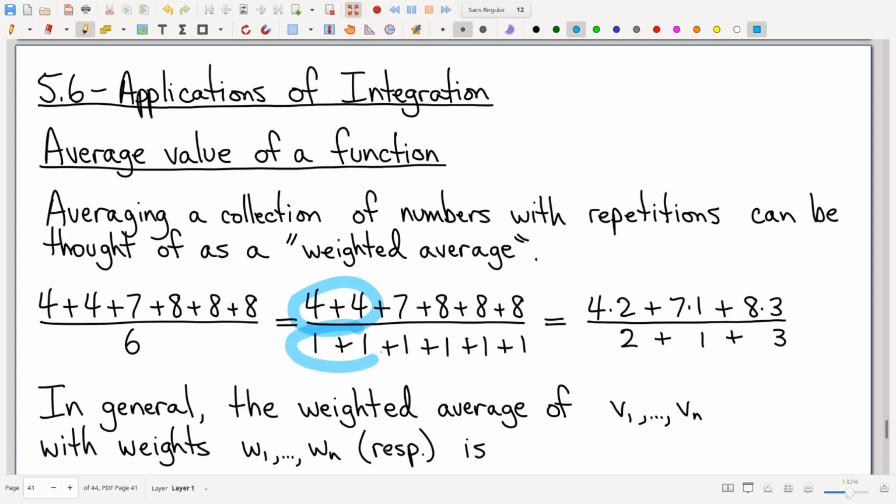It also contributes 2 to the denominator. Likewise, this 8 contributes 3 times in the numerator and it contributes a 3 in the denominator, which you can kind of summarize like that. And then I guess 7 appears once. We can write that like that.